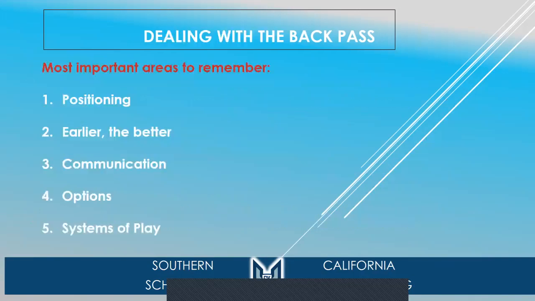So let's talk about dealing with the back pass. If you write these down, you're going to have these 5 little components that we're going to talk about the whole time. On dealing with the back pass, we're going to speak on positioning; the earlier that we ask for and get the ball, the better; the communication that we talked about in the last class, if you guys went; understanding our options; and the biggest thing, starting to have knowledge of the systems of play, of how we play and how other teams play.